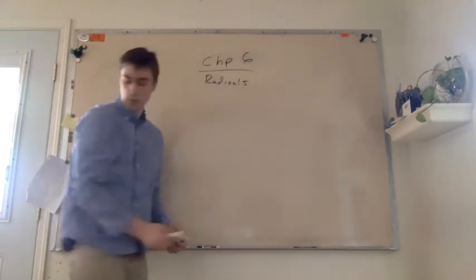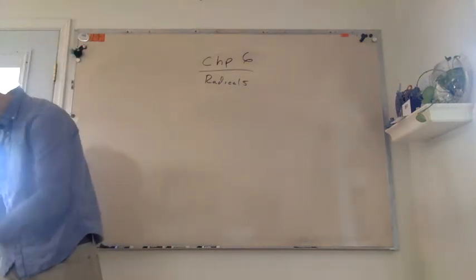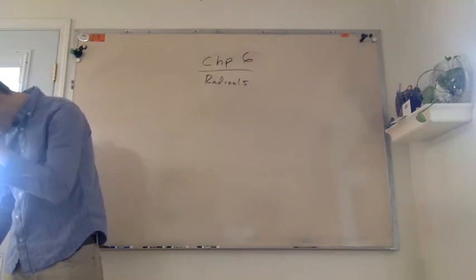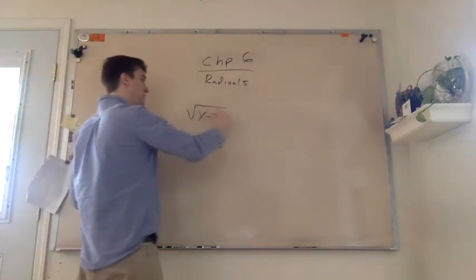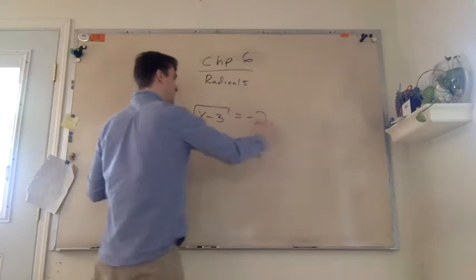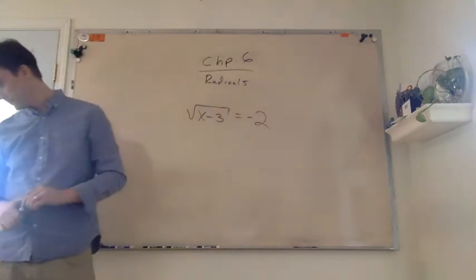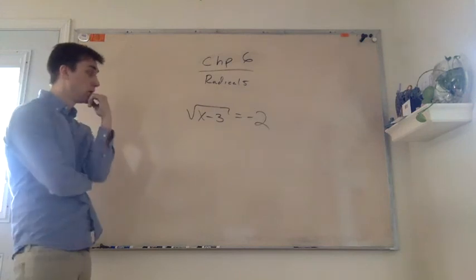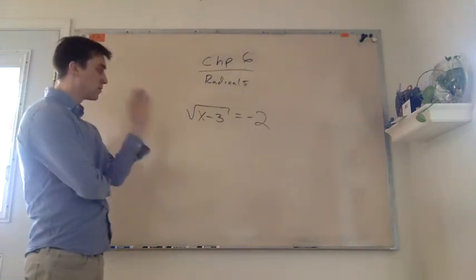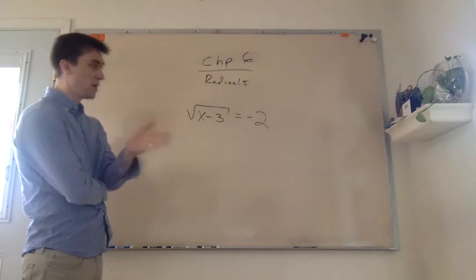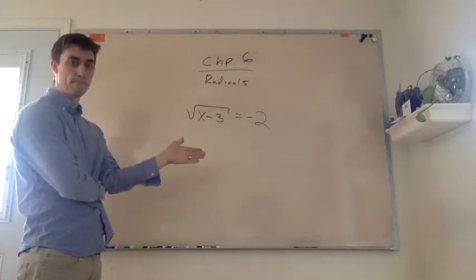Cool. So here, let me show you. Let's say the square root of x minus 3 equals negative 2. So yeah, this is a radical equation. It has a square root in it. If you want to get rid of a square root, square it.